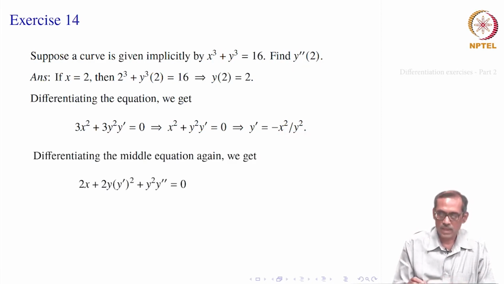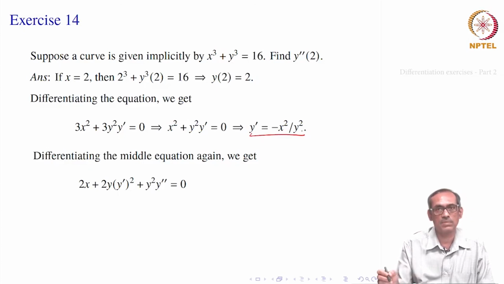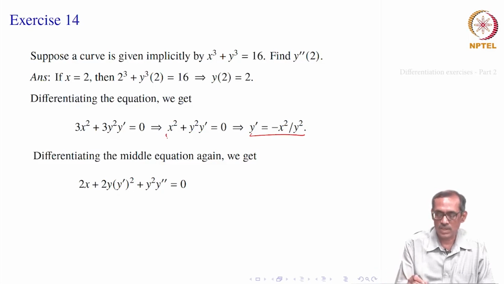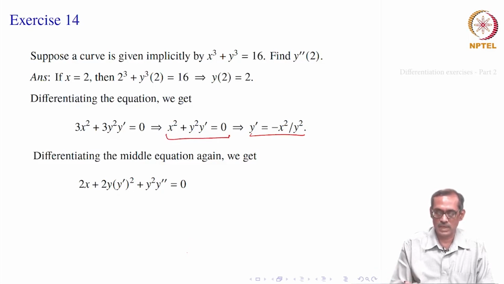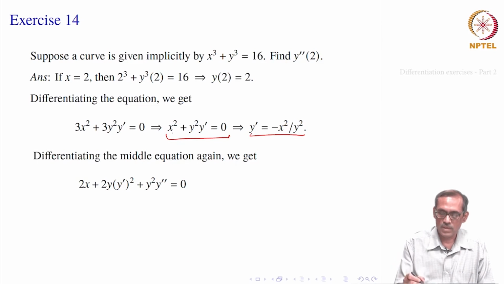Okay. So, instead of differentiating y prime equal to this, where we have to use the ratio formula, the division formula, we consider this equation itself and differentiate, that might be easy. So, x square gives 2x and y square y prime, it is product formula. So, y square differentiation multiplied by y prime and y square into derivative of y prime.